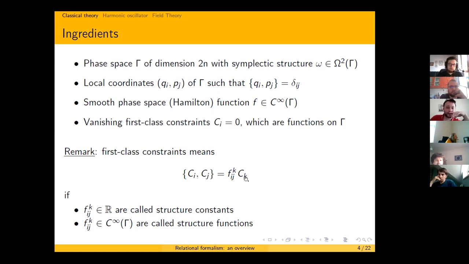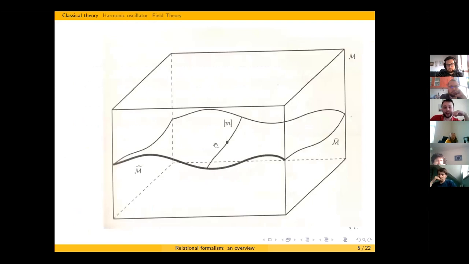In fact, this is displayed in this picture where, just to simplify the discussion, suppose that this phase space is this entire cube, M, and this M bar is a submanifold described by the constraints. Usually it's called a constraint hypersurface, even though the codimension may not be one.